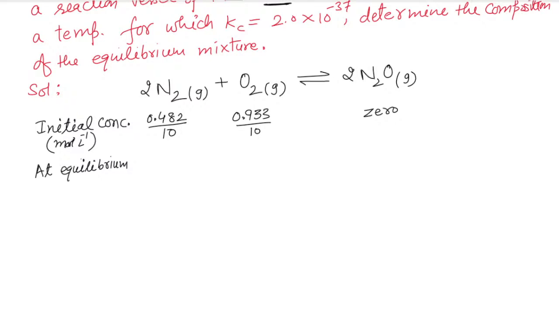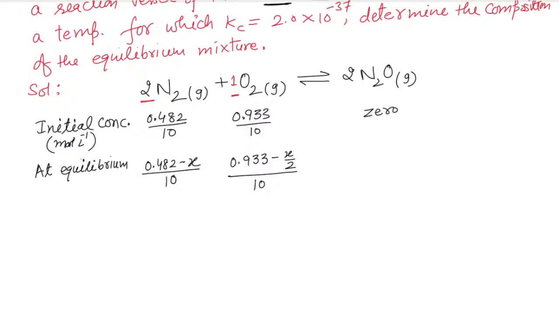Okay, so let us say that out of 0.482 moles, X moles of nitrogen are decreased. So if X moles of nitrogen are decreased, what about the moles of O2? Obviously X by 2, because if 2 moles of nitrogen are taking part in the reaction, then 1 mole of oxygen is taking part.